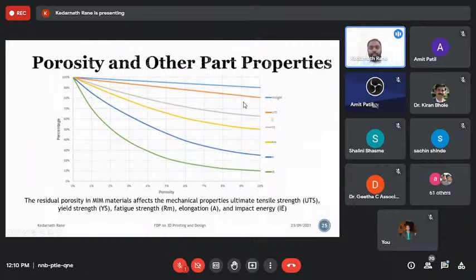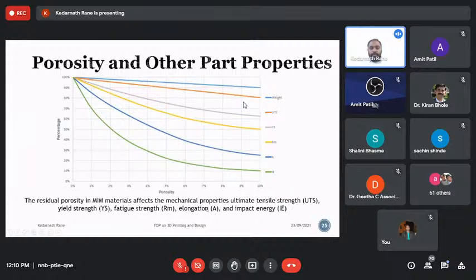But when it comes to the mechanical characteristics, you can see it is significantly reduced. The UTS, same, it is applicable for yield strength, RM, A and IE, which is related to the elongation and impact strength of the material. It is getting very highly influenced by the porosity.